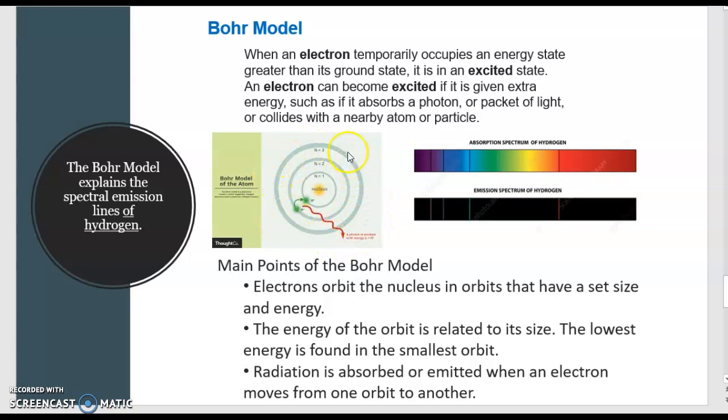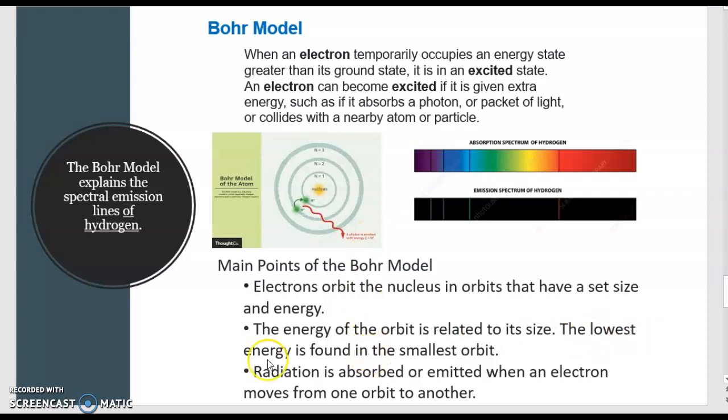And for hydrogen, there were actually 6 possible energy levels. So the electron doesn't necessarily have to occupy one single orbital, it could occupy 6 different possible orbitals, and each of those orbitals has a different energy level.